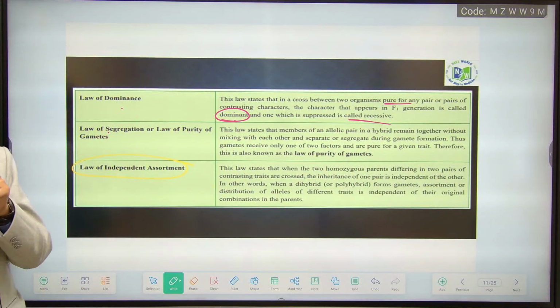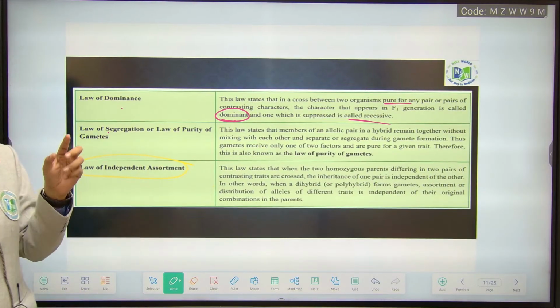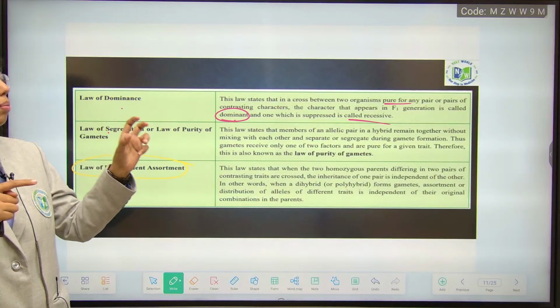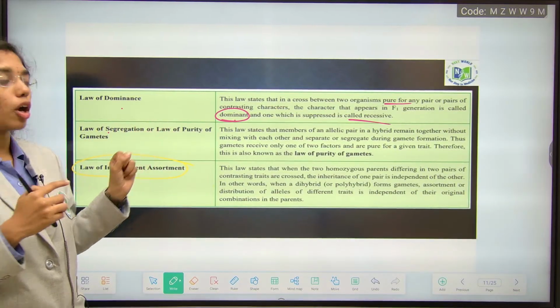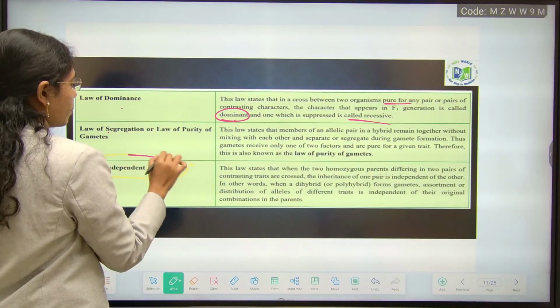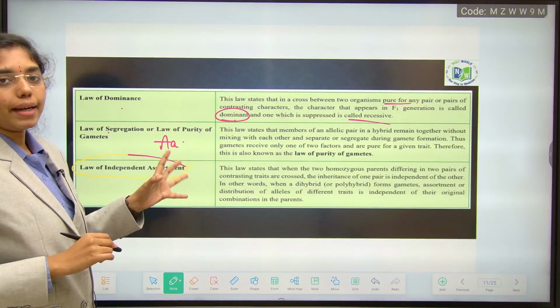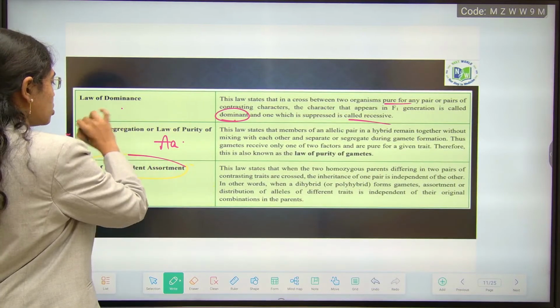Segregation: when two different alleles are present together, they do not blend or mix. For example, when two heterozygous alleles exist together, both of them do not blend or mix with each other. That is the law of segregation.